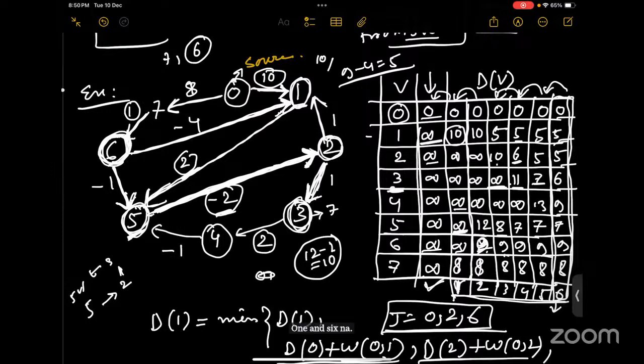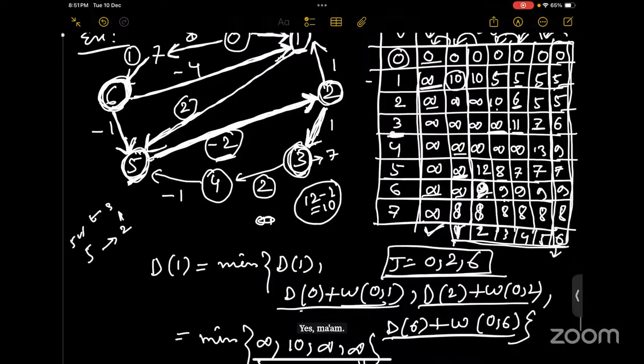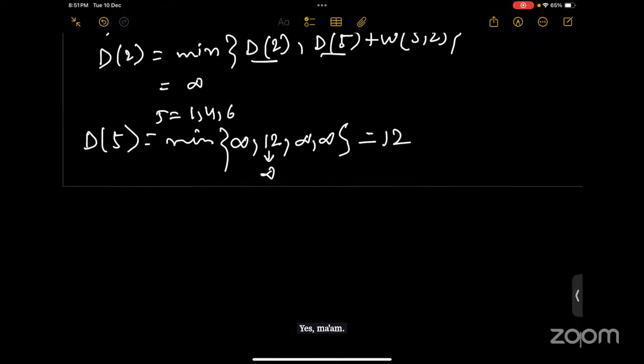Yes, 4, 1, and 6, right? Okay, ma'am. Yes, we will consider all the incoming edges. Okay, so we will try to find if there is a negative cycle in the graph or not. Later, not right now.